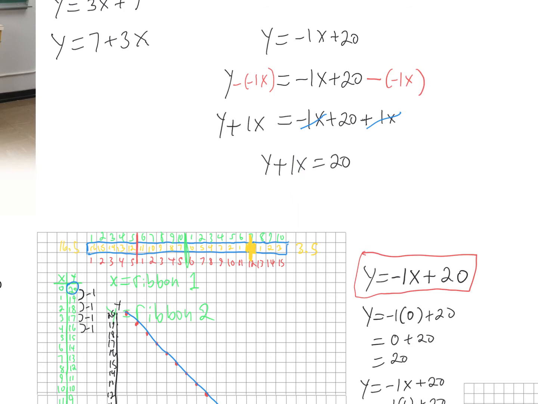So really, I can say y plus x equals 20, which is the same form of the equation that we had in the next example. But this equation is still equal to this equation right here. These two equations are the same. They both give you the same value.